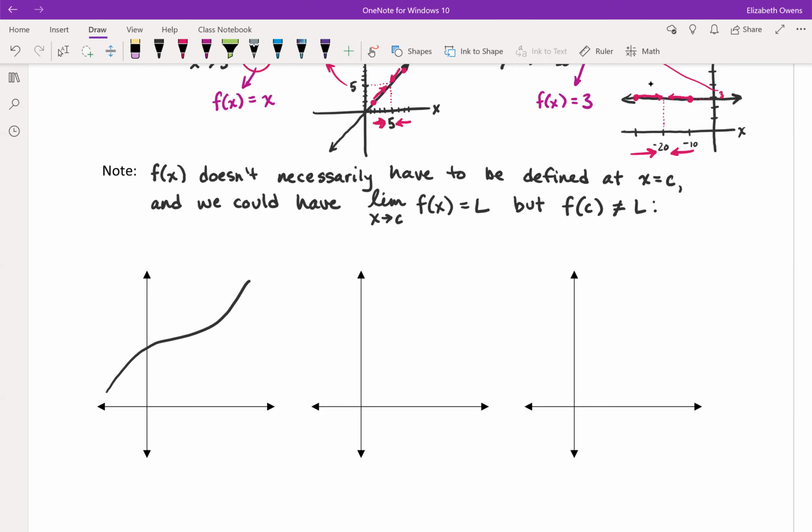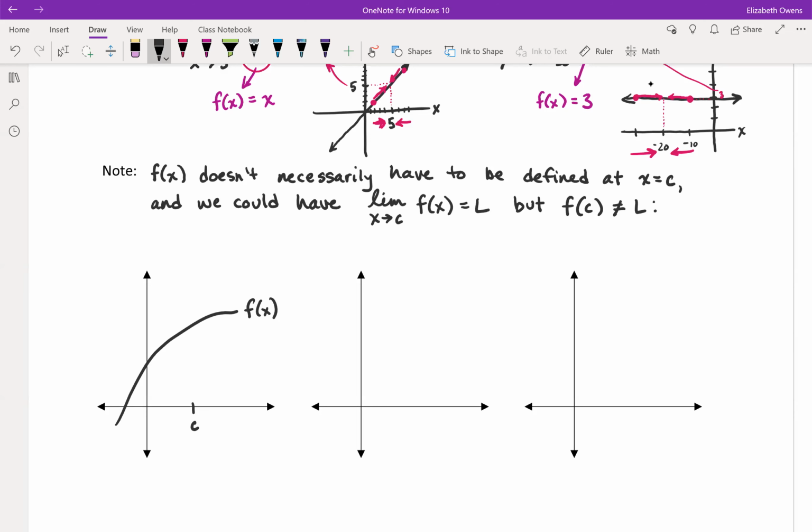I don't like that one. All right, let's say that's our function. Okay, this is f of x. Okay, yours might look a little different. That's fine. We roll with it. Okay, so that's the function. Let's say this is our value c that we want our x values to get close to.